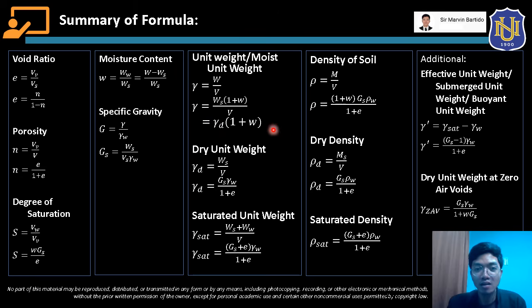Yung gamma equal din yan sa gamma dry times 1 plus water content. So importante yung mga yan. Okay, so i-memorize natin itong mga ito class. For saturated unit weight din class, memorize natin to, tsaka to. And then for density, kailangan memorize mo itong mga ito para hindi na natin kakailanganin na i-derive pa sila. Tas dry density, memorize natin yan class.